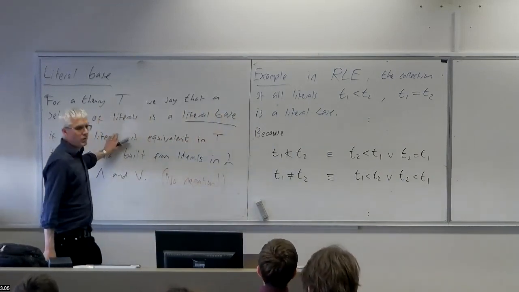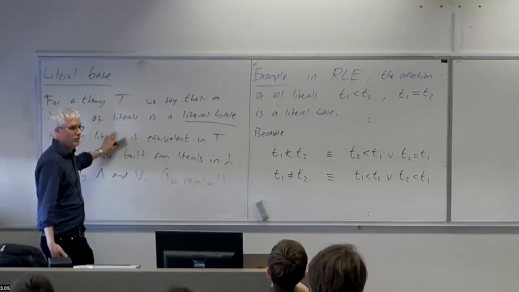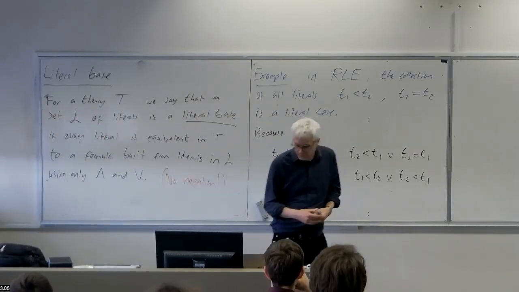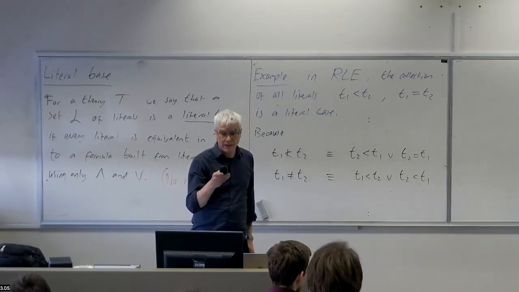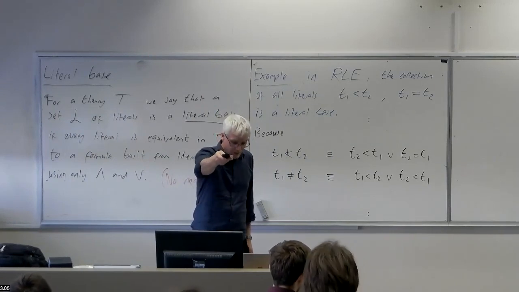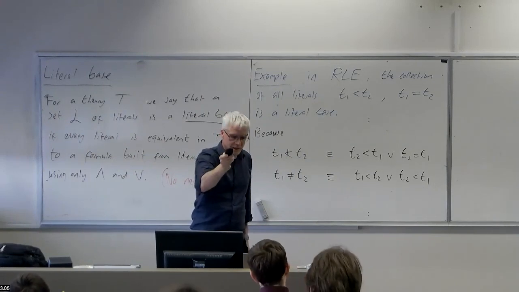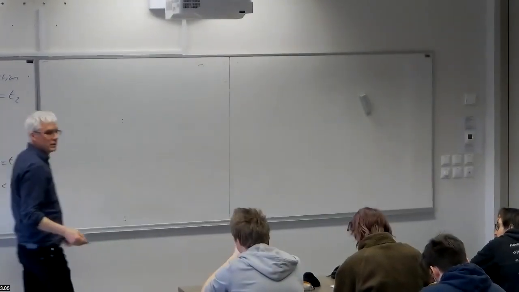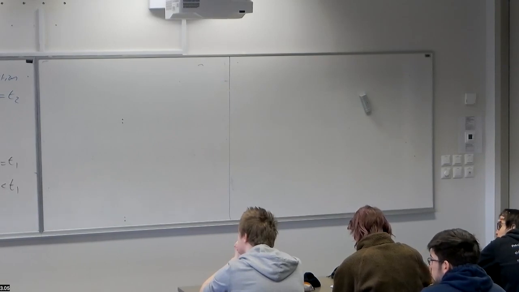And I'm just going to state two propositions about literal bases. The first one is that we have nice normal form results with respect to literal bases. So we had all these normal form results like negation normal form, conjunctive and disjunctive normal forms, in which we were always saying a formula is equivalent to some combination of conjunctions and disjunctions in some appropriate form with literals at the end, all negations being in literals.